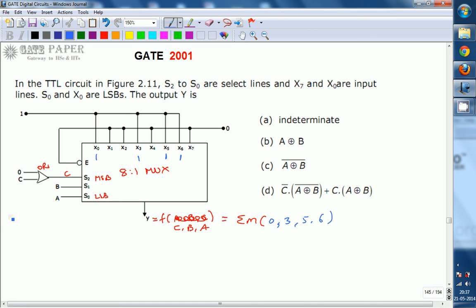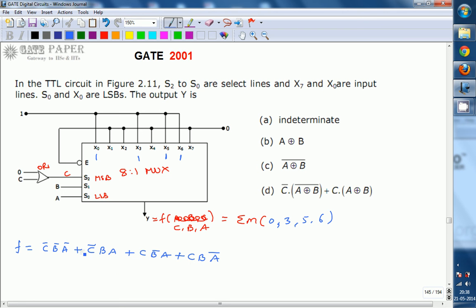So F is equal to minterm 0, which is C bar B bar A bar, plus minterm 3, which is 0 1 1, that is C bar B A, plus 5, which is 1 0 1, that is C B bar A, plus 6, which is 1 1 0, that is C B A bar. So this is the expression for F.